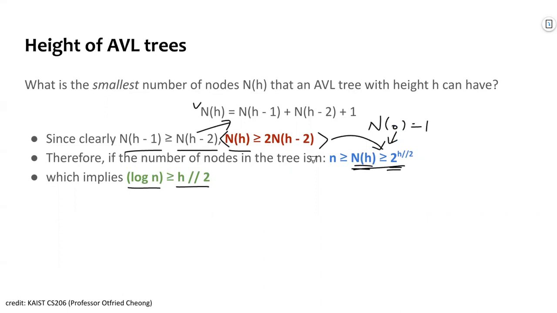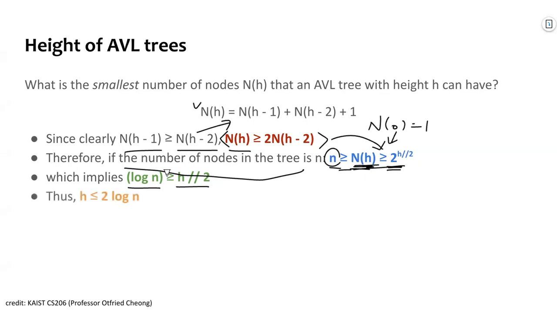So here n signifies the number of nodes in any AVL tree. And we saw that N_h is the minimum or smallest number of nodes. So n should be larger than or equal to N_h. And we can come up with this equation. And when we solve this, log n is larger than or equal to h divided by 2.